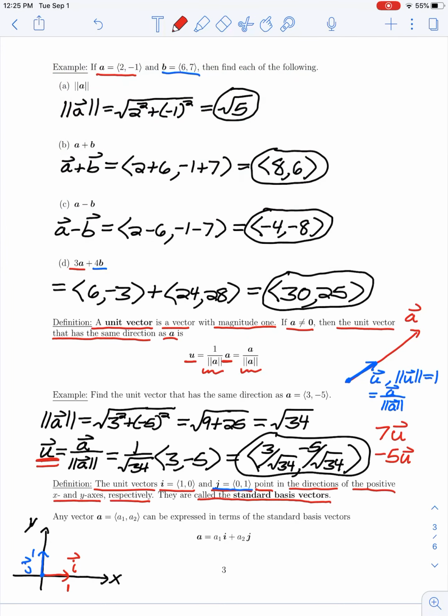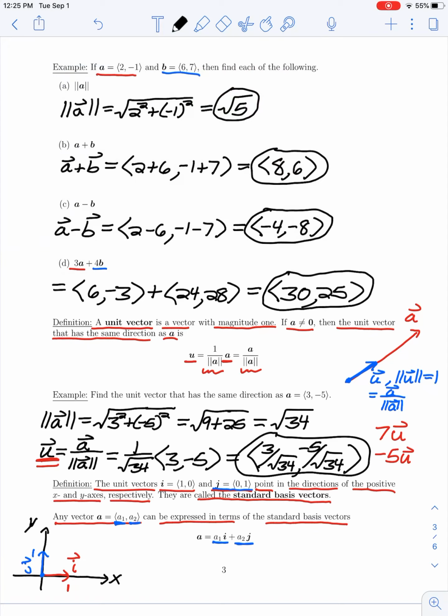And what's special about these vectors is that any vector A whose components are a1, a2 in the plane can be expressed in terms of the standard basis vectors. So in particular, A would be given as a1 times the vector i, which was 1, 0, plus a2, our second component, times the vector j, which was 0, 1.